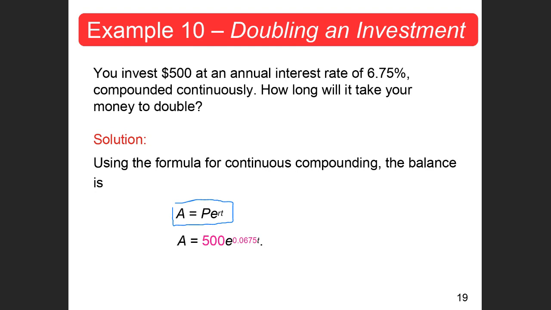Well, here's my equation set up, 500e to the point, because remember we have to change that to t, but in order to double means that it would be 1,000 here, wouldn't it? That would be 500 doubled. So I've got e to the 0.0675 t, and then I'm just going to solve this.